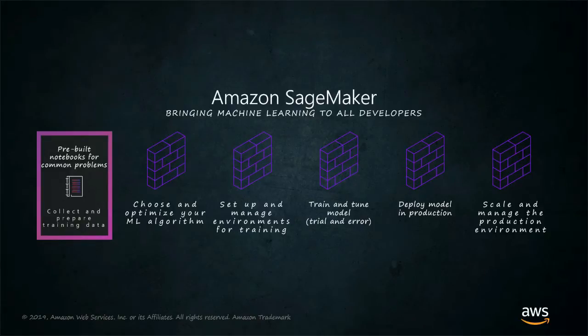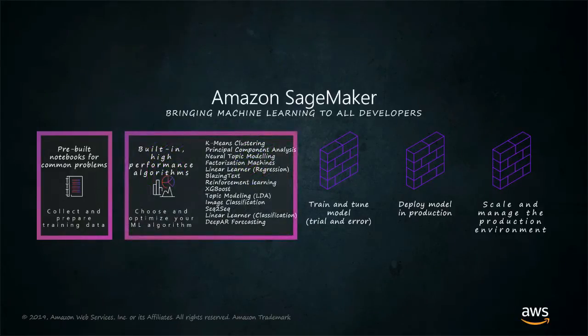And then you can use pre-built models provided by Amazon. There are a few of them here, like k-means clustering and principal component analysis. These models cover almost all aspects. Like if you want to convert speech to text, you can use a sequence to sequence model.